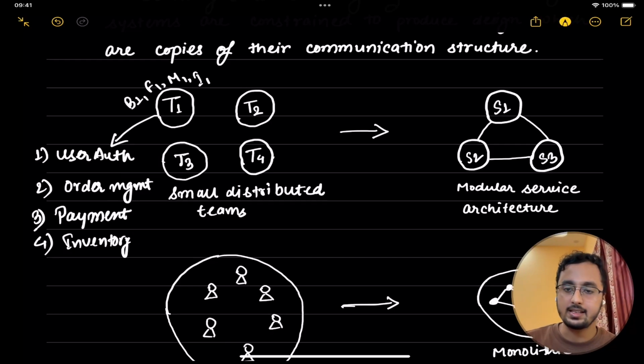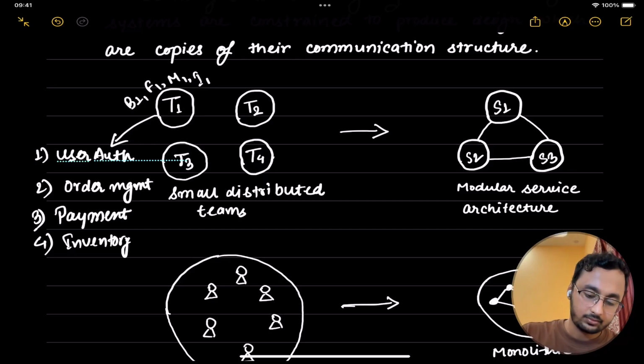Anything that goes wrong in user creation, user login, or authentication-related stuff, you can directly pinpoint that it's the T1 folks who should take a look. If there is some issue in the backend, the backend person in T1 is going to take a look. If there is some UI issue, the frontend person is going to take a look.